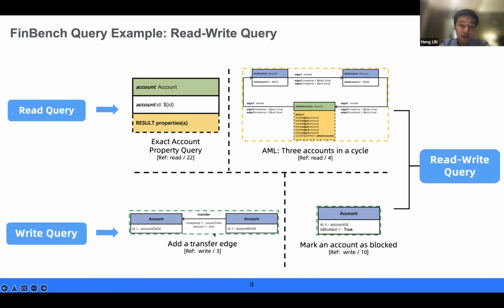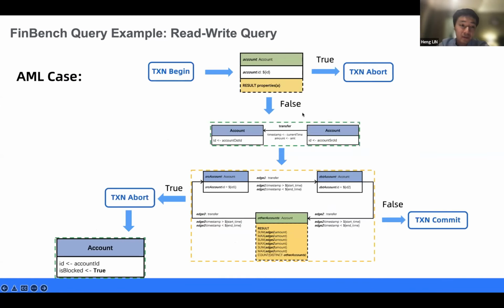There are also write queries, for when a transfer happens. It adds an edge or marks an account as blocked, which is a property modification. In practice, these queries can be composed into a read-write query.